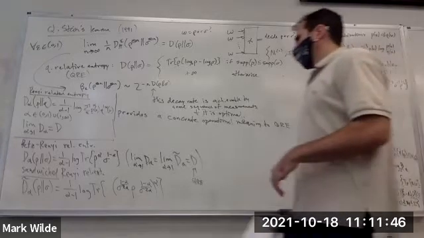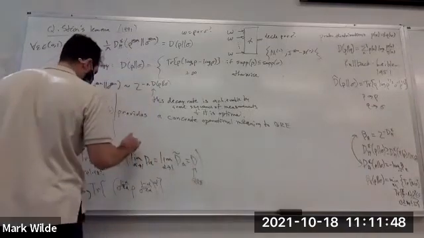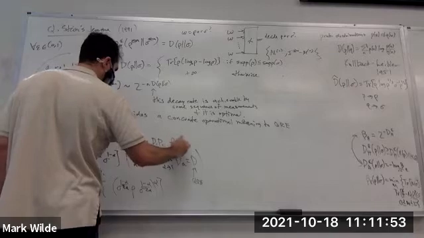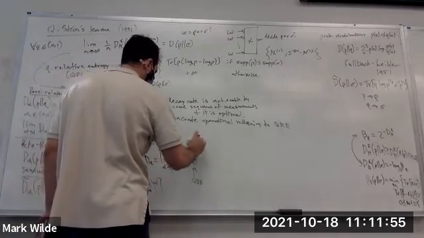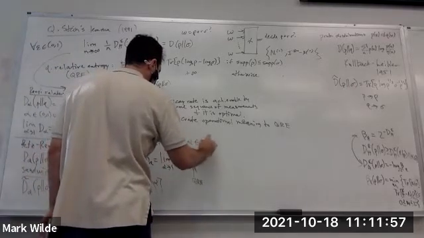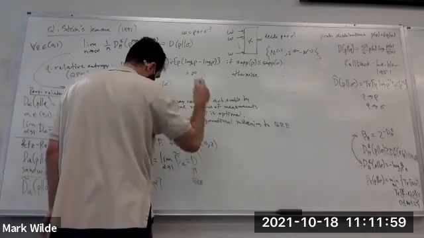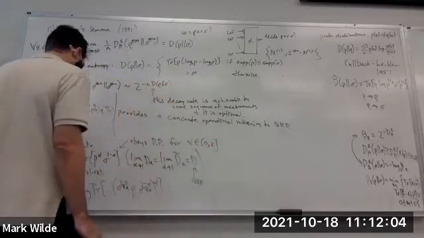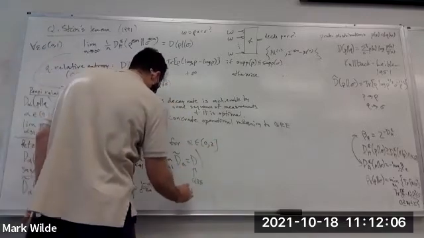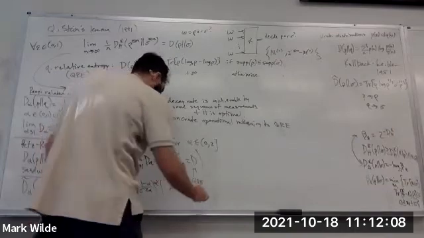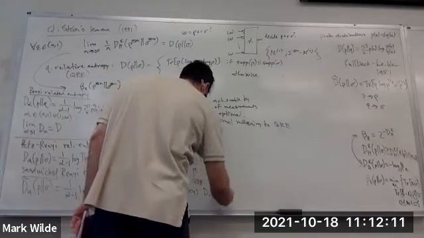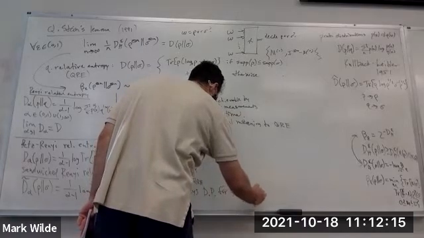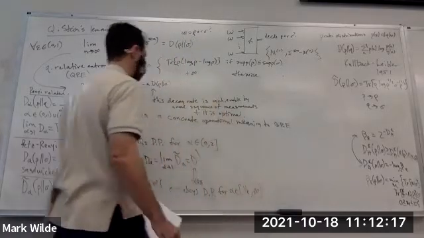So this one obeys data processing for alpha between 0 and 2. Okay. This one obeys data processing for alpha between 1/2 and infinity.